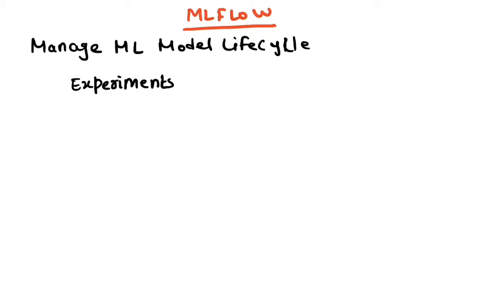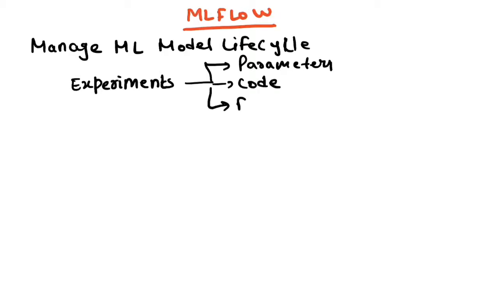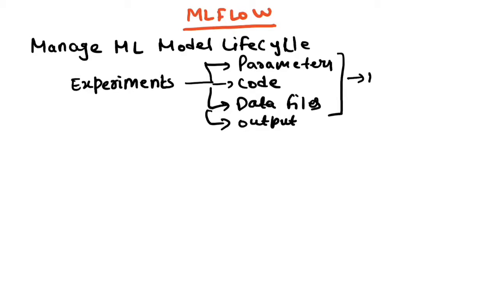Now in these different experiments, you will keep changing your parameters, your code logic, your data files, and then you will be observing the output, how your output is coming. And all of these experiments that you run will be part of your different runs, right?